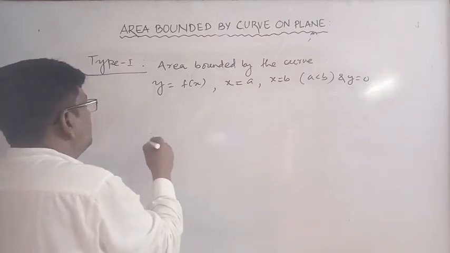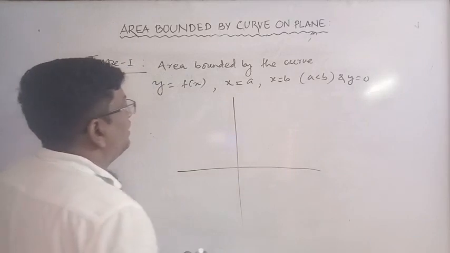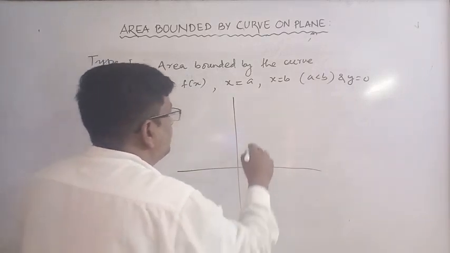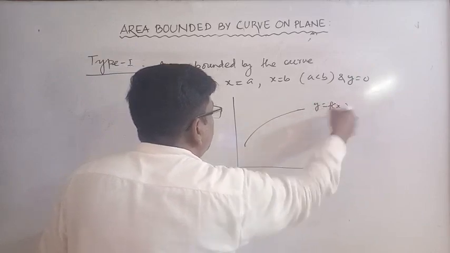So suppose the graph is like this. Suppose this graph is y is equal to f of x.